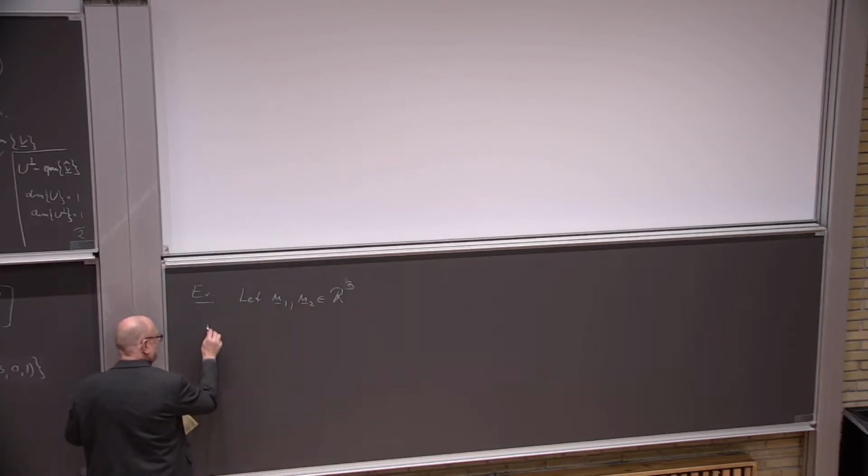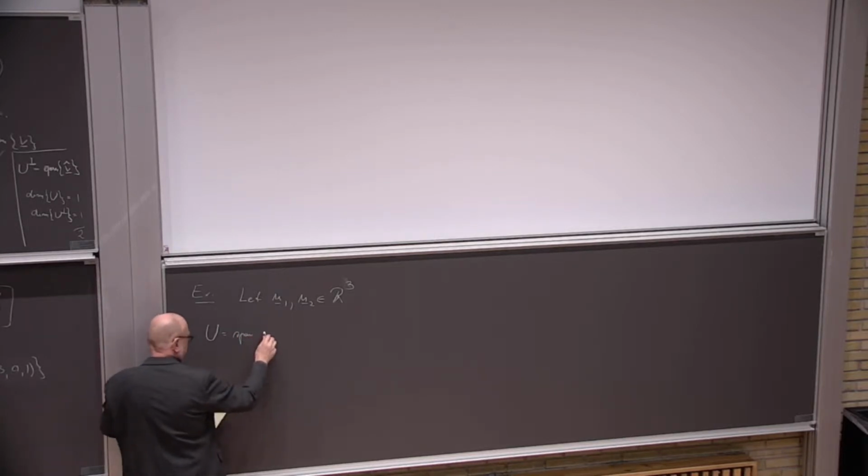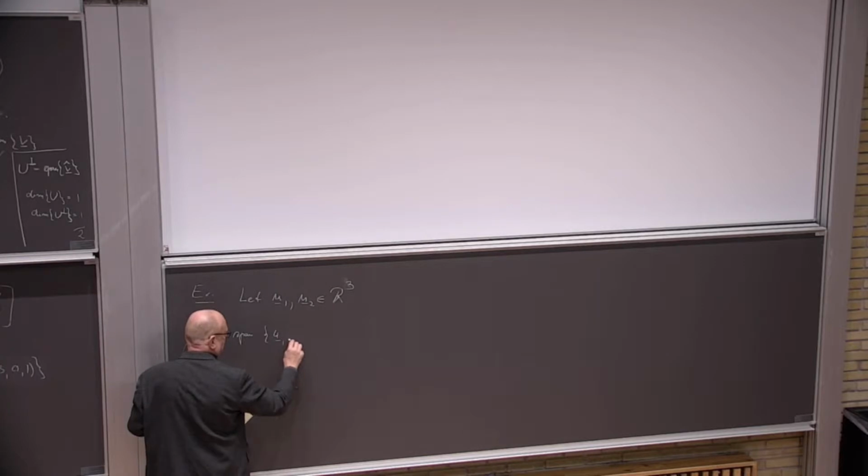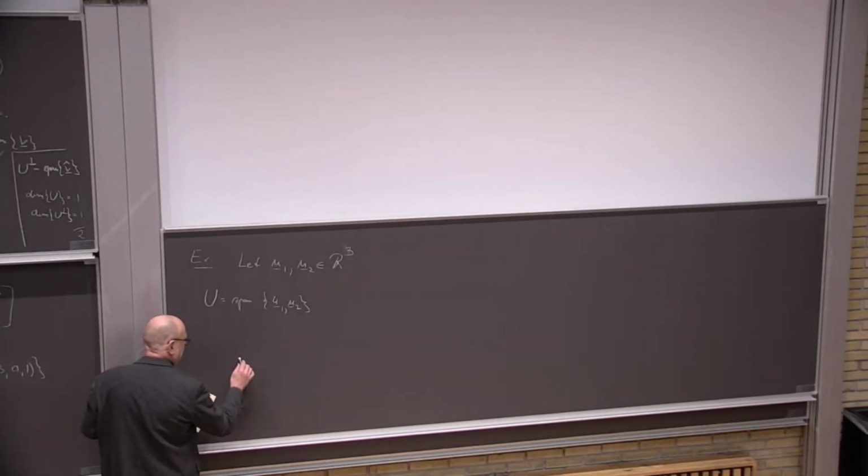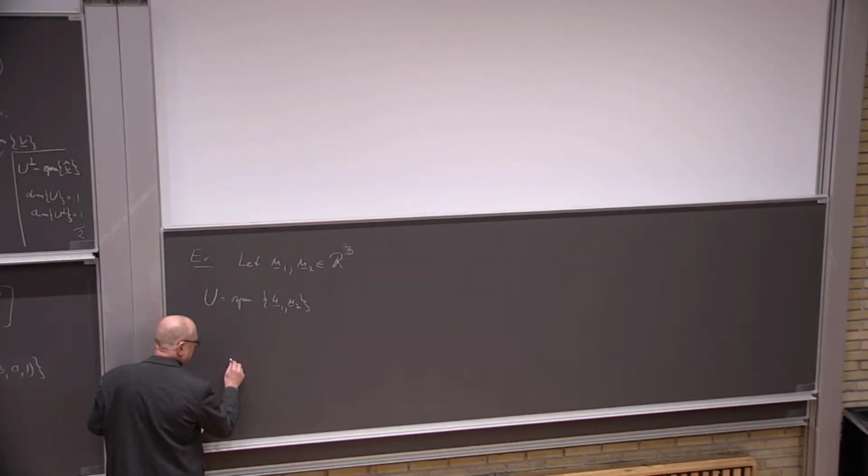So we have a subspace that is the span of these two vectors, u1 and u2. How do we, in this case, construct the orthogonal complement? Let me try to illustrate this. I have a vector u1 here, and then I have another vector u2.